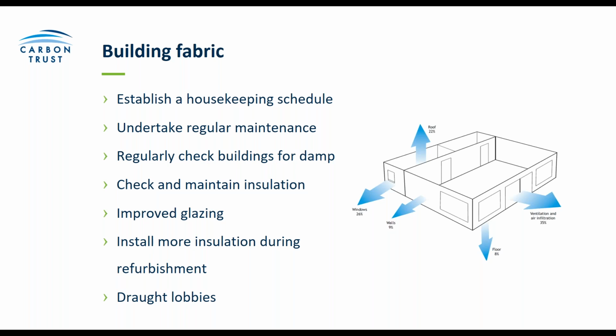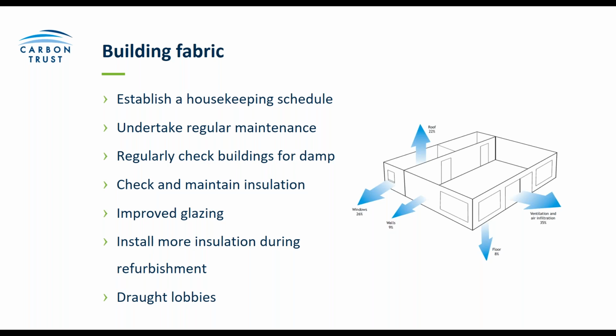minimise any heat losses. It's also important to check for damp, given that damp can cause significant damage to the building structure, and reduce the insulating properties of the insulating materials that you already have there.